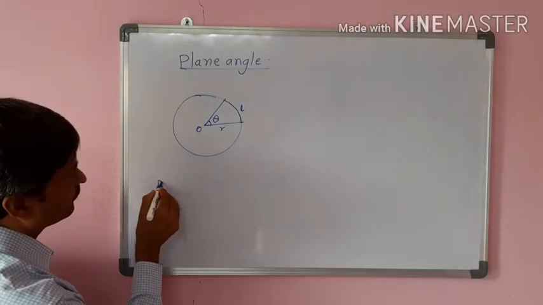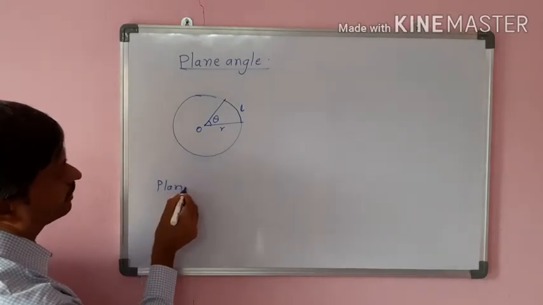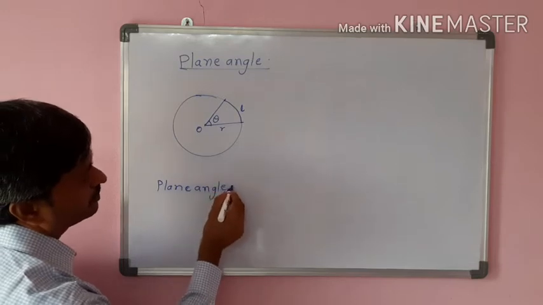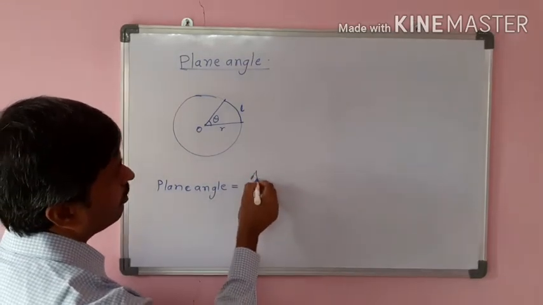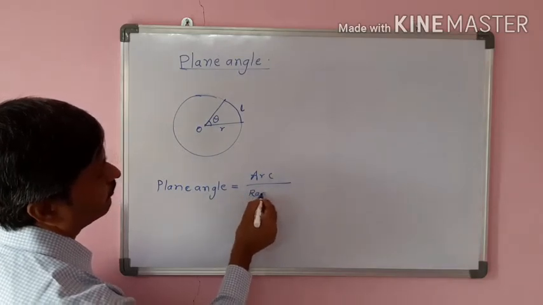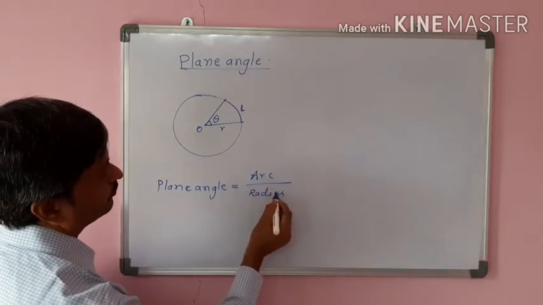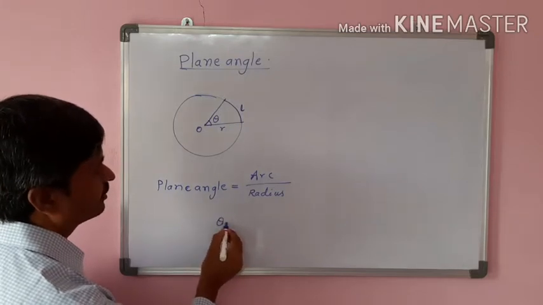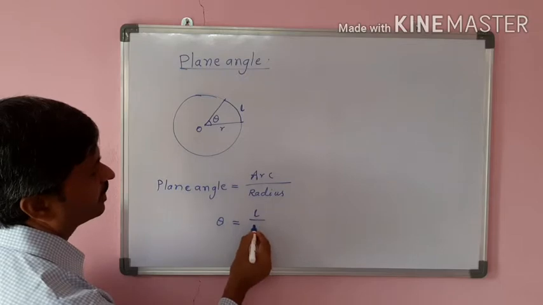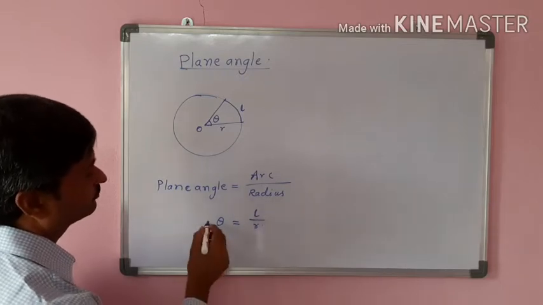How plane angle is defined: plane angle is equal to arc by radius. So plane angle is denoted by theta, that is equal to arc L divided by radius R.